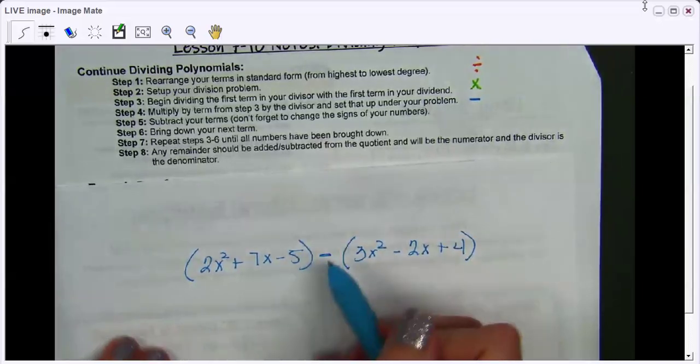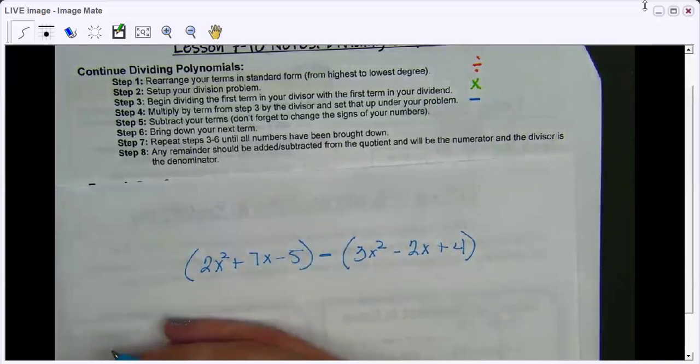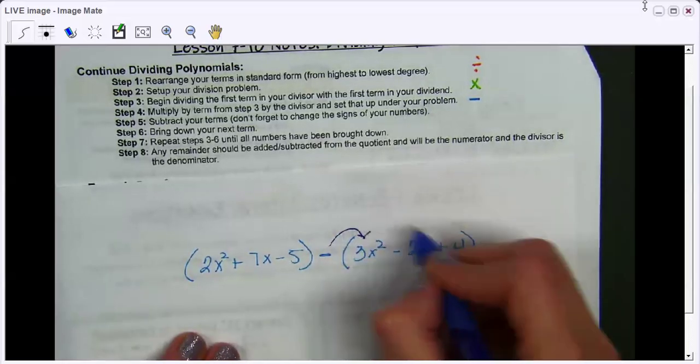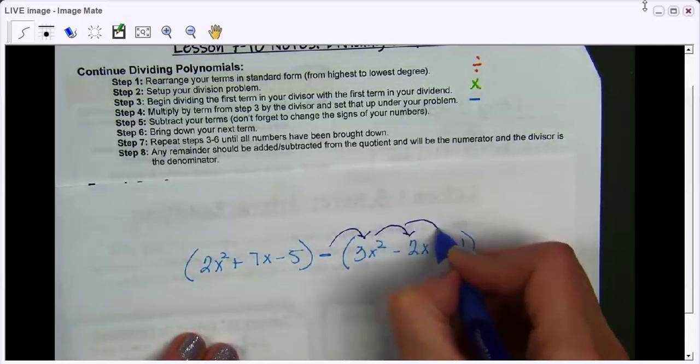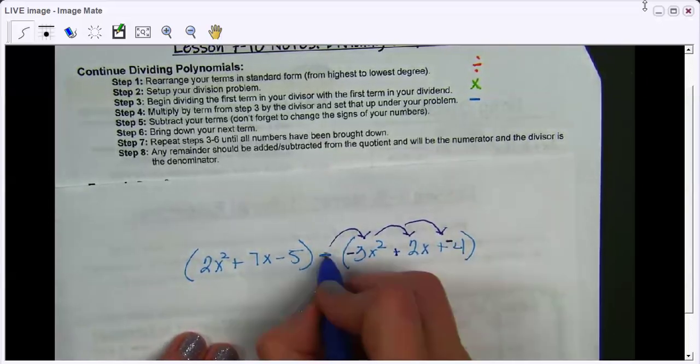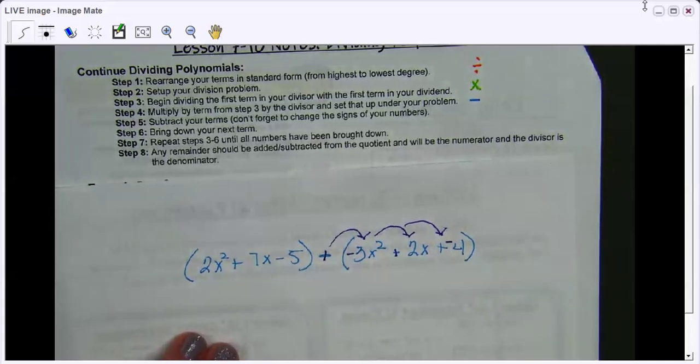Do you remember what you had to do with this negative? You had to distribute it, and what was actually happening is that you were changing each sign on the inside and making it addition.